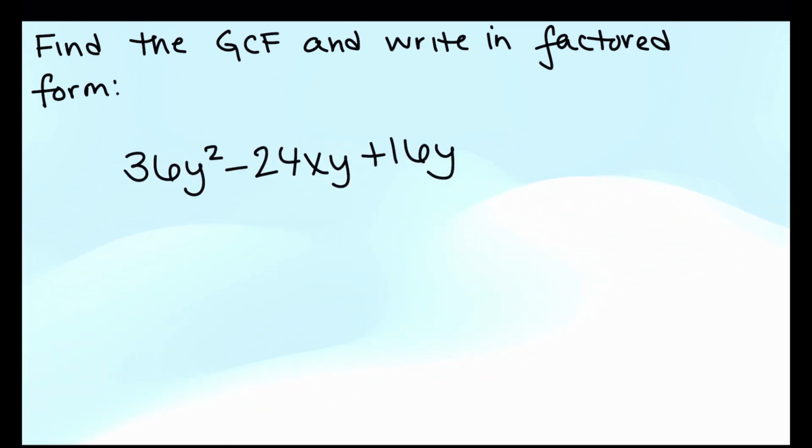Next example, find the GCF and write in factored form. I've got 36y squared minus 24xy plus 16y. So what number is 36, 24, and 16 divisible by? If it helps, you can make those factoring trees that we discussed at the beginning of this video. But when I do these problems, I first try to think about just my times table.